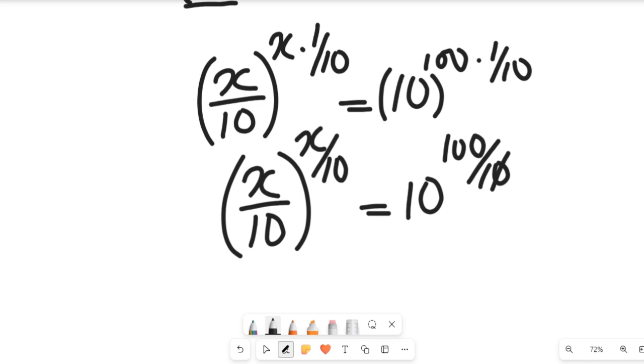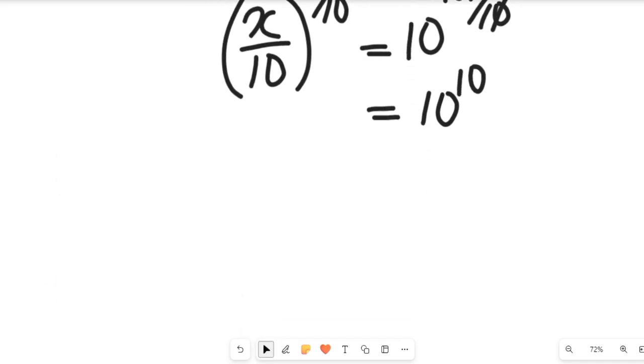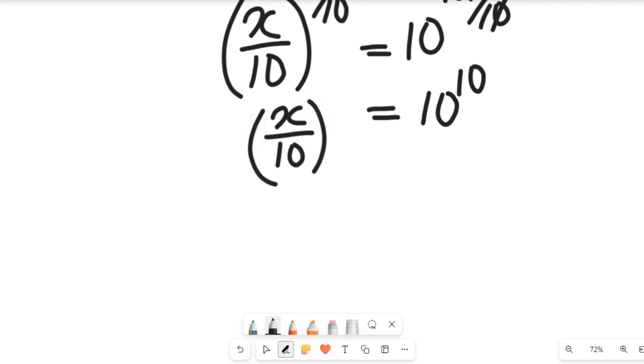And 100 divided by 10 will give us 10 to the power of 10. Now, this other side will also give us 10 to the power of 10.